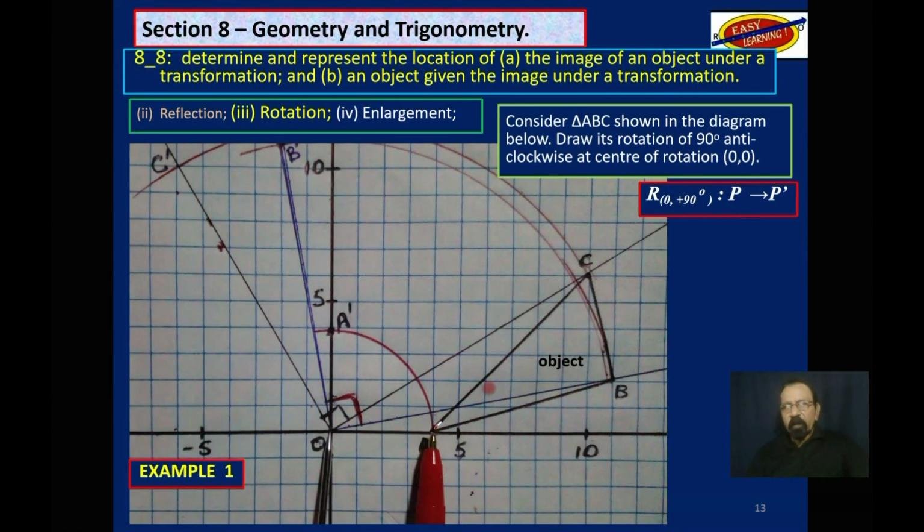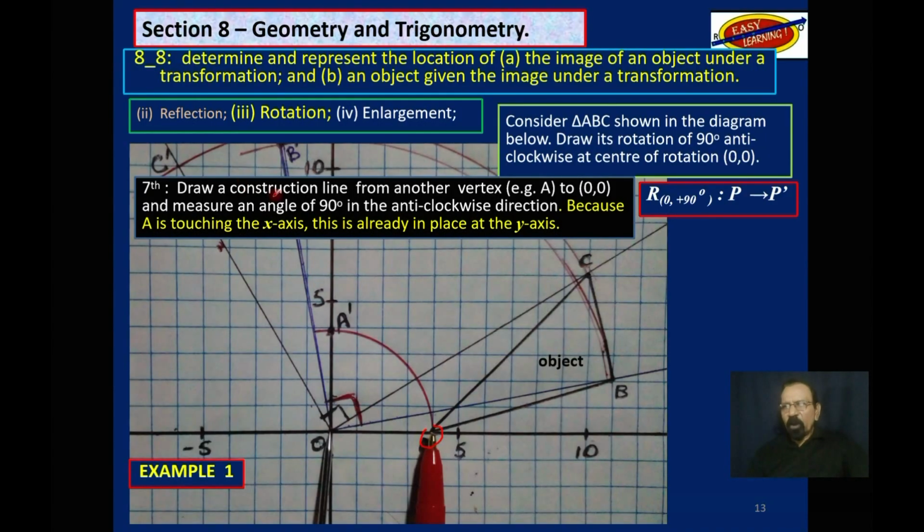Well, you would do the same thing for the next point, which is A, except that we have a little help here. Draw a construction line from another vertex, in this case A, to 0, 0, so it's from there to there, and measure an angle of 90 degrees in the anti-clockwise direction, this way.